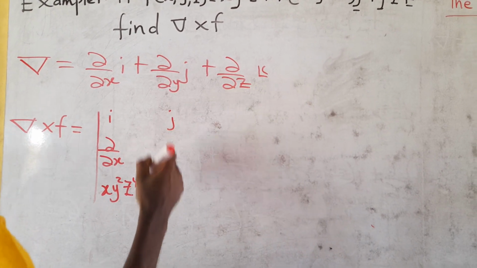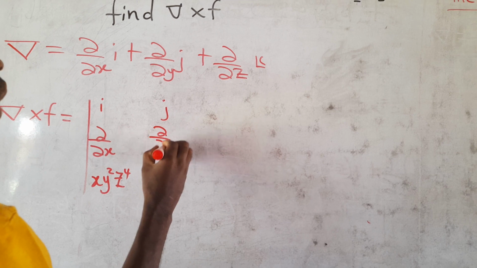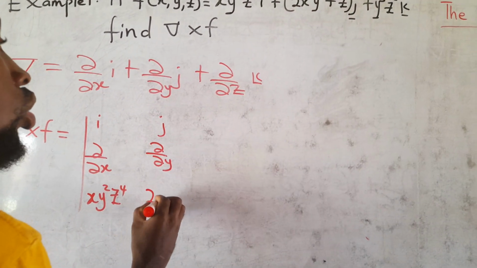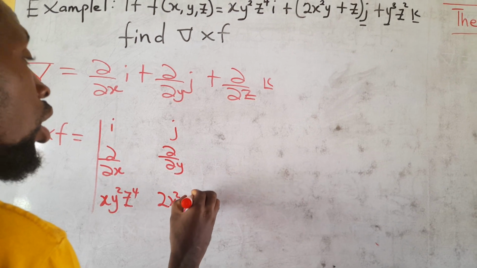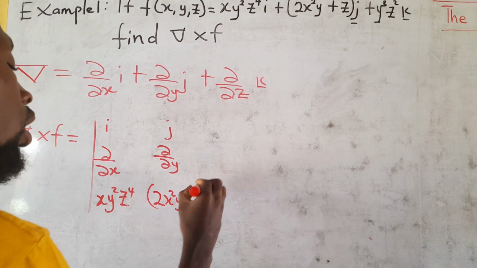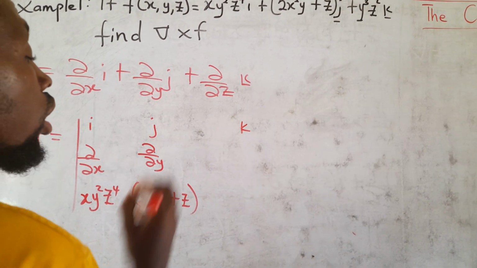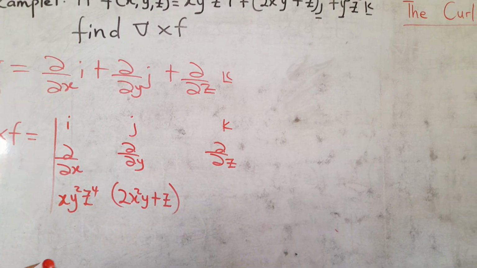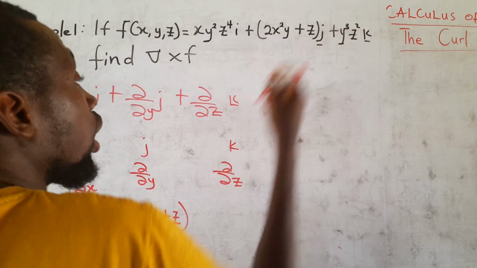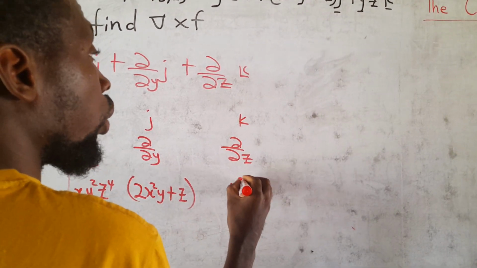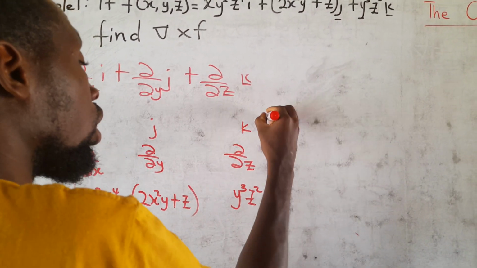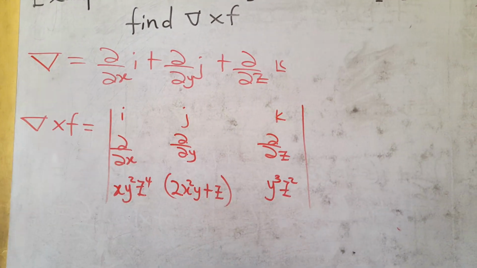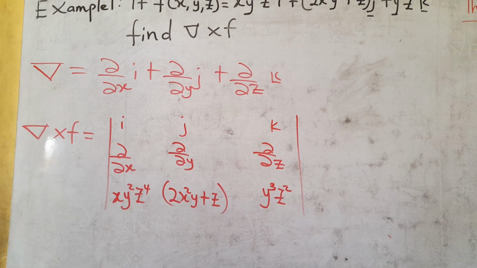Then j: the differential operator del over del y, then the j component, which is 2x squared y plus z. Then k: del over del z, then the k component, which is y cubed z squared. I will find the determinant of this matrix, and that becomes the cross product between the differential operator and f.